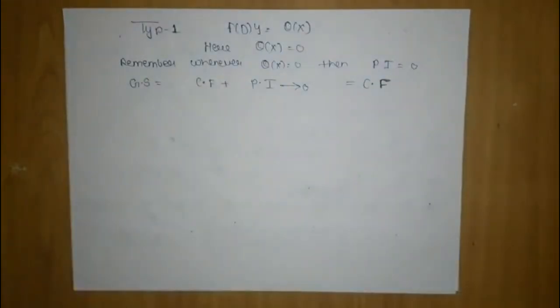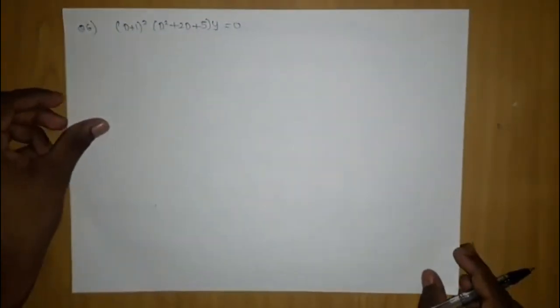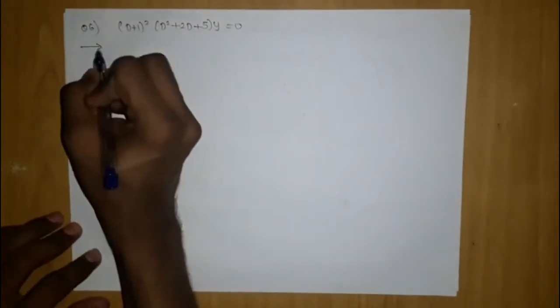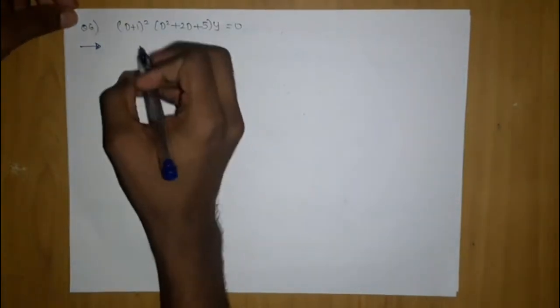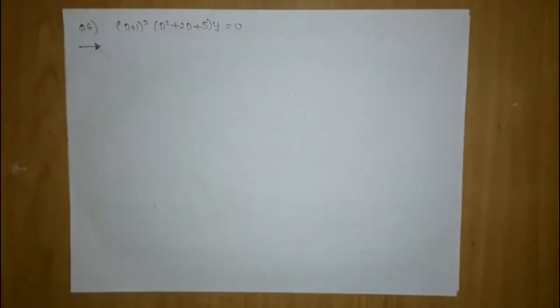Now let's move on to the next problem. The next problem which we are going to take is the sixth problem, which is as follows. Solve (D plus 1) the whole square into (D square plus 2D plus 5) y equals 0. The given differential equation is a homogeneous linear differential equation with constant coefficients, its particular integral is 0, therefore the general solution is nothing but the complementary function.